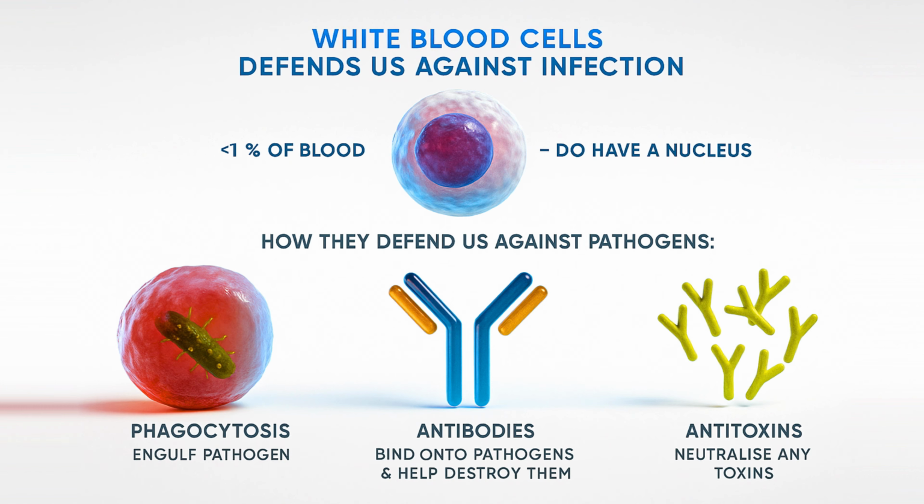Some of the main functions include phagocytosis, which involves engulfing and digesting microorganisms, the production of antibodies which attach to pathogens and help to destroy them, and the creation of antitoxins which neutralize the toxic substances that pathogens may release. An important detail to remember is that unlike red blood cells, white blood cells do contain a nucleus, which allows them to perform these complex immune functions.